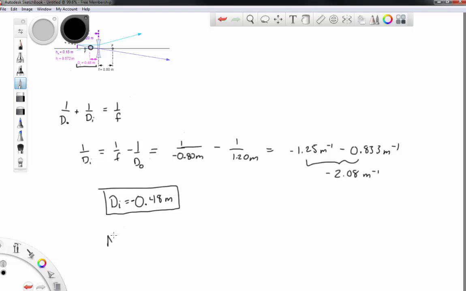Now we do the magnification. Again, it's negative di over dO. So that means it's going to be negative of minus 0.48 meters divided by the 1.20 meter for the object. So let's see what that gives us.